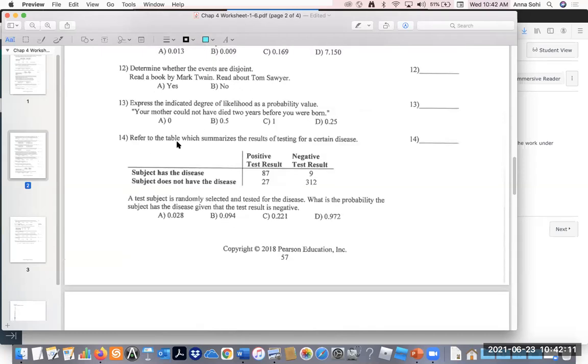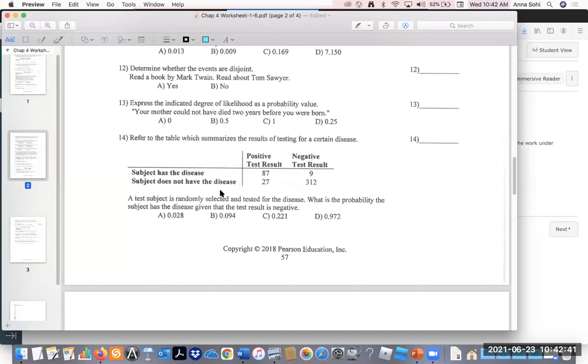Let's do number 14. That's part of 4.3, which we're going to go over in a little bit. So it says this is the test table for the testing. A test subject is randomly selected and tested for disease. What is the probability that the subject has disease given that the test result is negative? The word given makes it conditional.